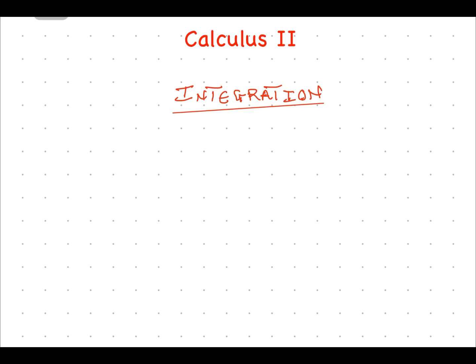Today we are going to start on what integration is. That's the process of integration. The process of integration reverses the process of differentiation. What I mean is that integration is the reverse of differentiation.